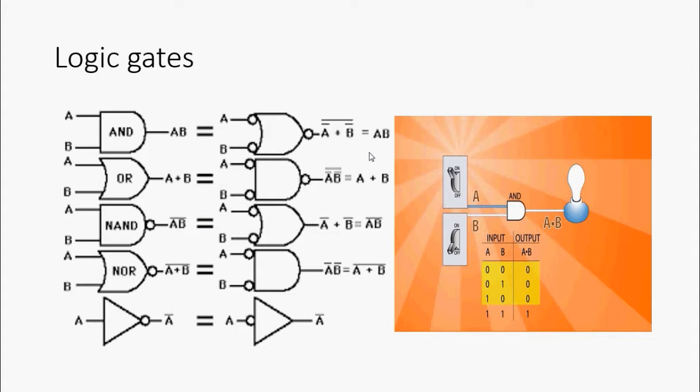In this example, the AND logic gate gives 1 as its output only if both inputs are on. In this example, the light bulb will shine if both switches are on.